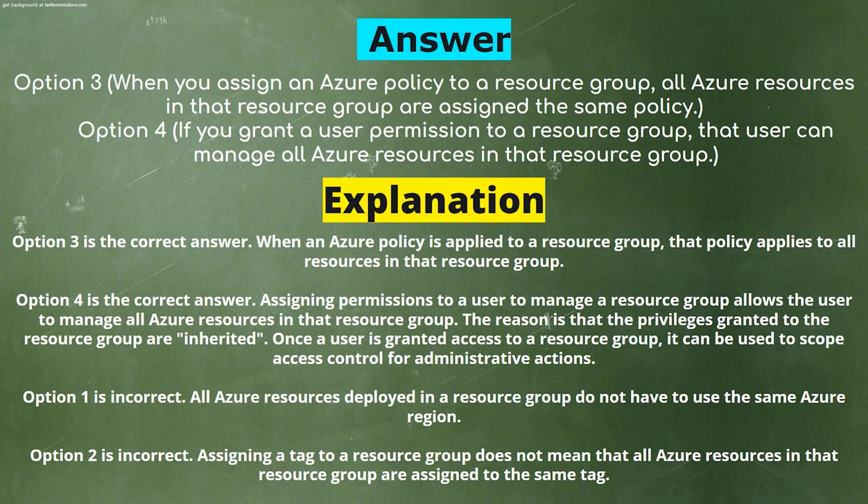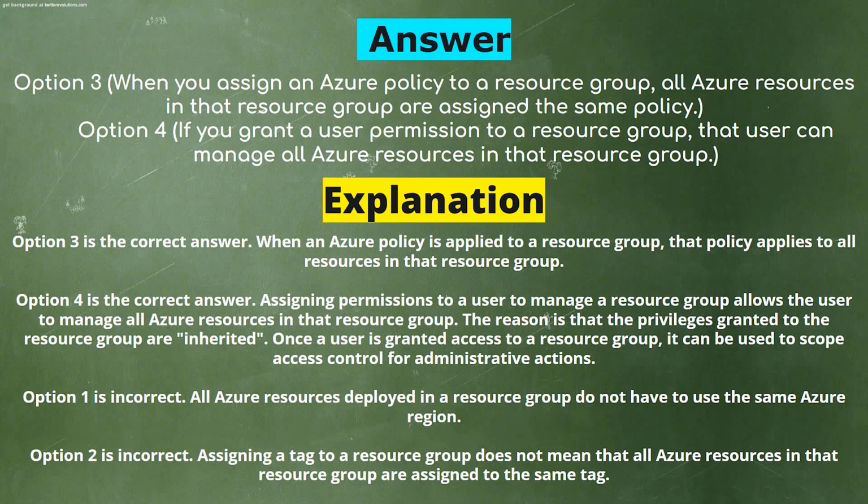When an Azure policy is applied to a resource group, that policy applies to all resources in that resource group. Option 4 is the correct answer. Assigning permissions to a user to manage a resource group allows the user to manage all Azure resources in that resource group. The reason is that the privileges granted to the resource group are inherited. Once a user is granted access to a resource group, it can be used to scope access control for administrative actions.